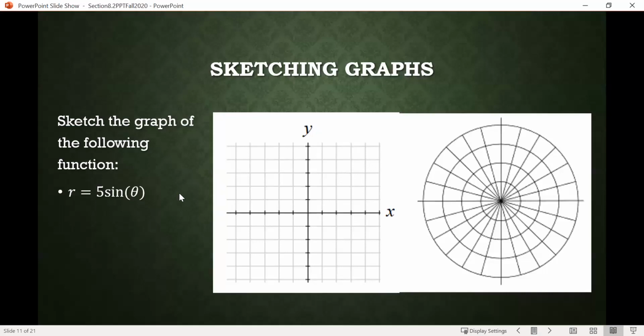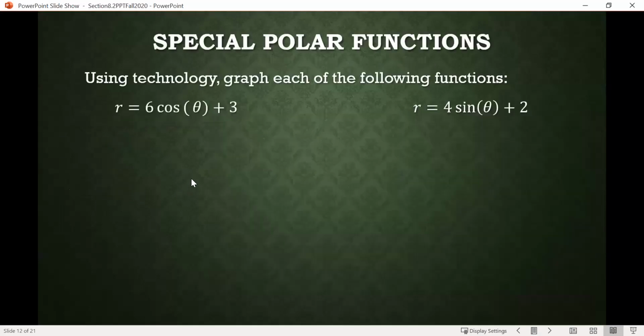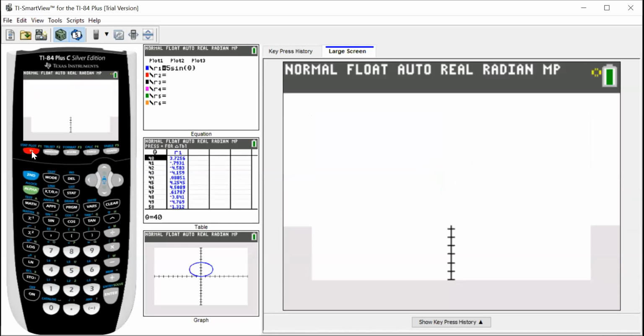So let's look at some other things we could graph. These here: r equals 6 cosine theta plus 3, and r equals 4 sine theta plus 2. I'm going to graph the 6 cosine theta plus 3 on the calculator. So let's take a look at that. Go back to our y equals or r equals.